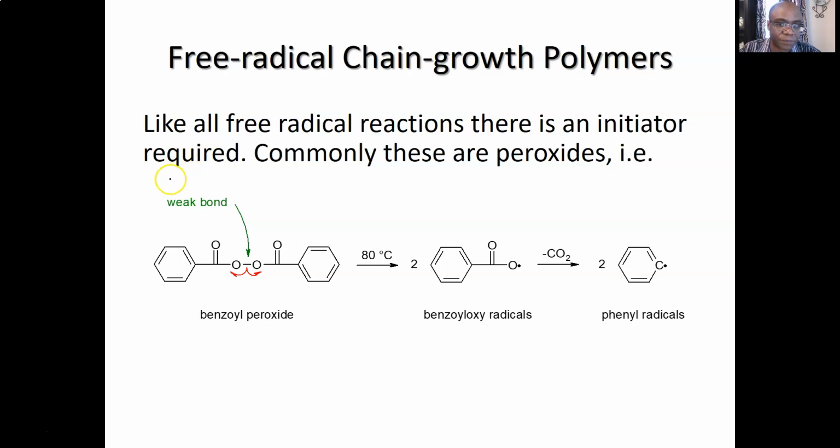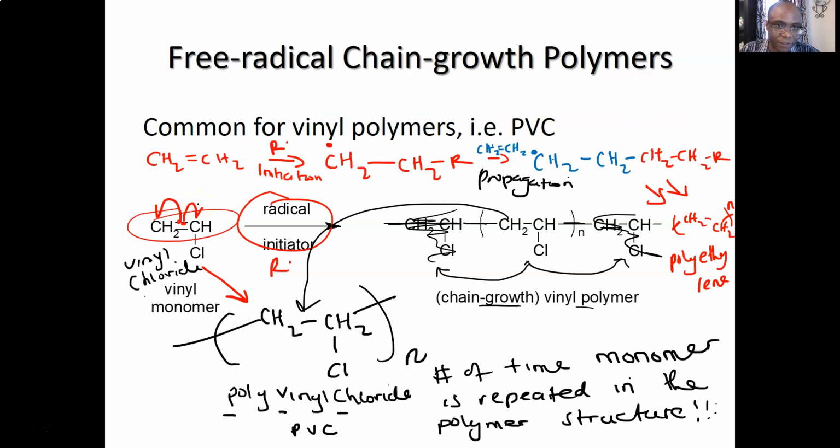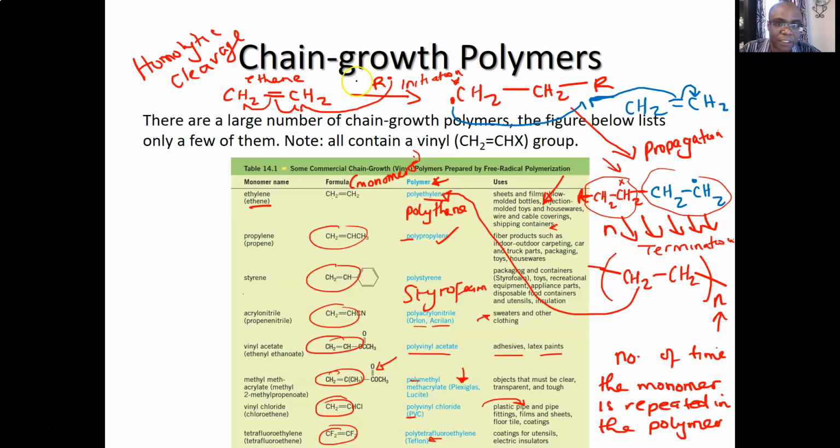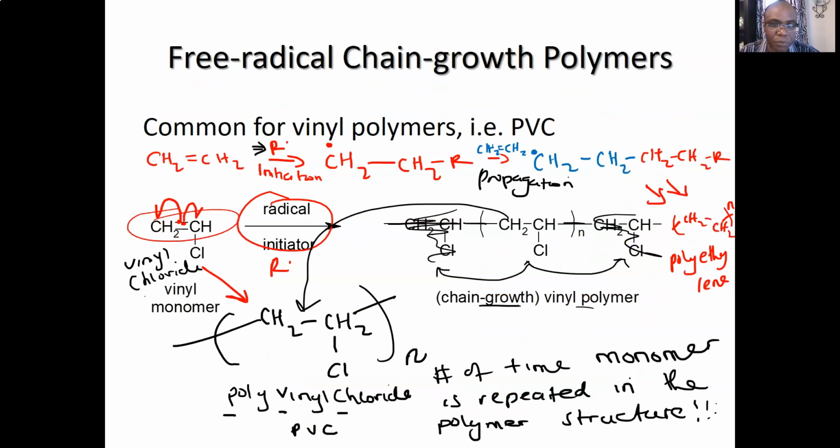Okay, so like all free radical reactions, there is an initiator required. You see how I'm saying here R dot, and here I said R dot. You need something to start the process.